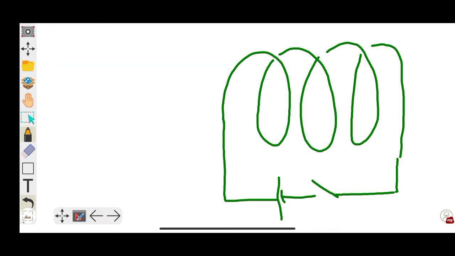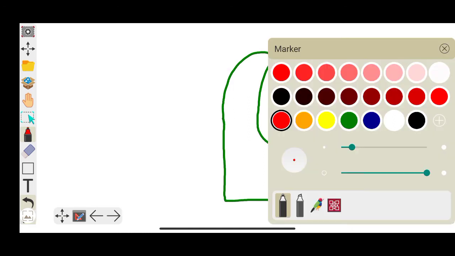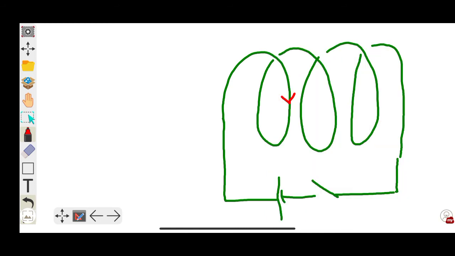Because of the direction of current, here this is the positive terminal, so current is in this way, and the magnetic field here will be in this way. These are the magnetic field lines.